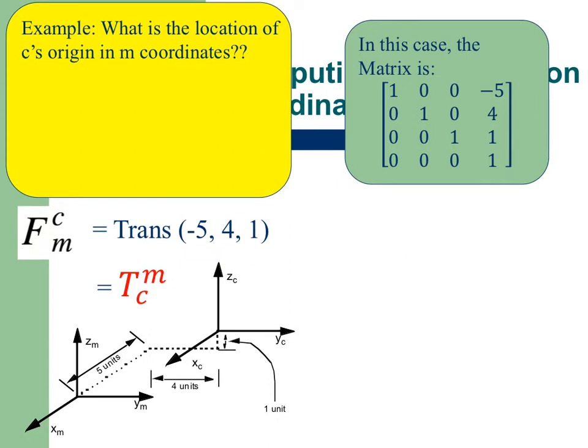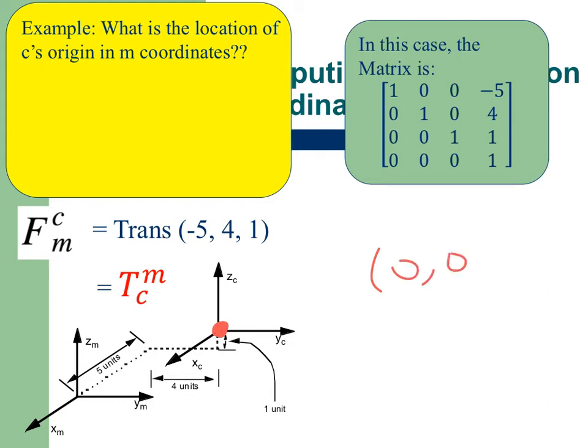So let's do a couple of examples. Let's start by saying, what's the location of the point that's located at the C origin? What's the XYZ coordinates of that if I'm in M coordinates? I want to turn a point that I know in C coordinates into M coordinates.